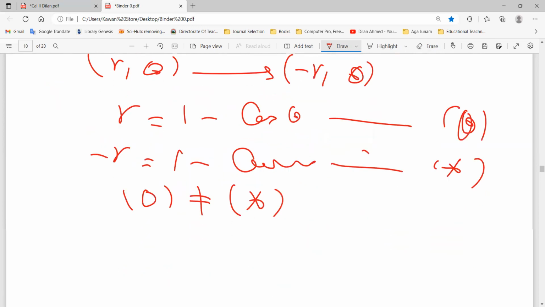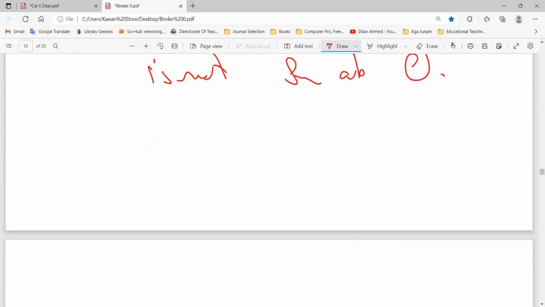So it's not symmetric about the origin. You got it or not? So you should test them. But later I'll give you many notes about the symmetry, how to find them quickly. If you test two of them, you don't need to test the third one, but only if you are sure about it.